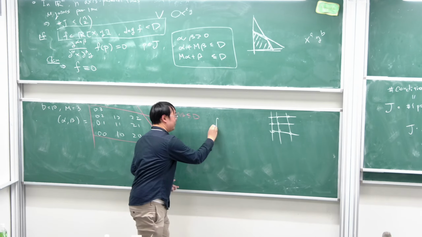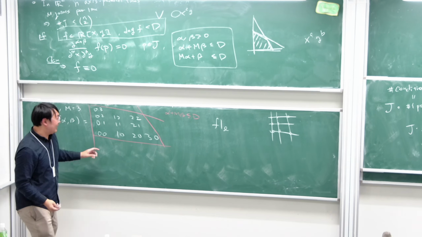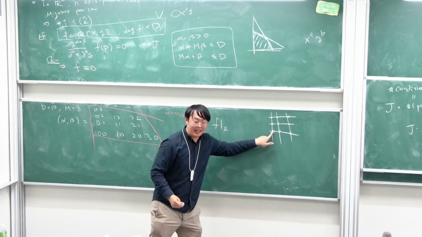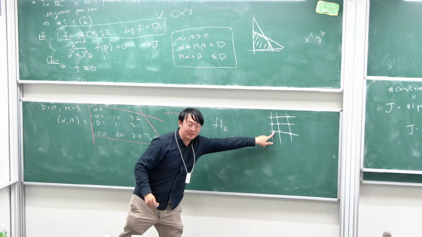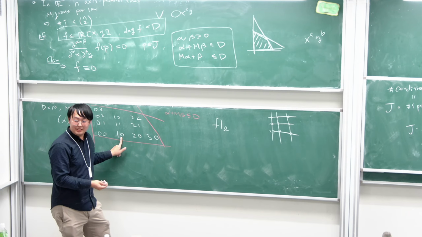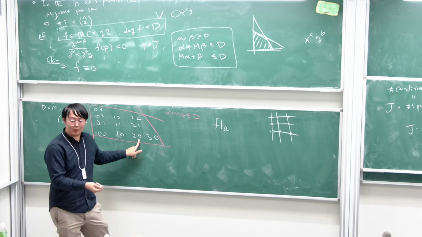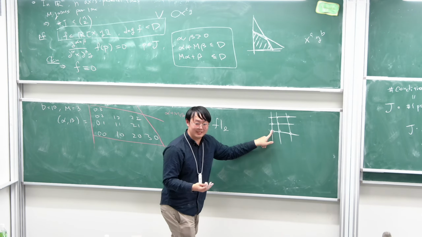You look at this polynomial here. Then that vanishes at this point 4 times, because we know f of this point is 0, and the x derivative of this point is also 0, and you take derivative twice, it's still 0, and 3 times. So it vanishes at this point 4 times.